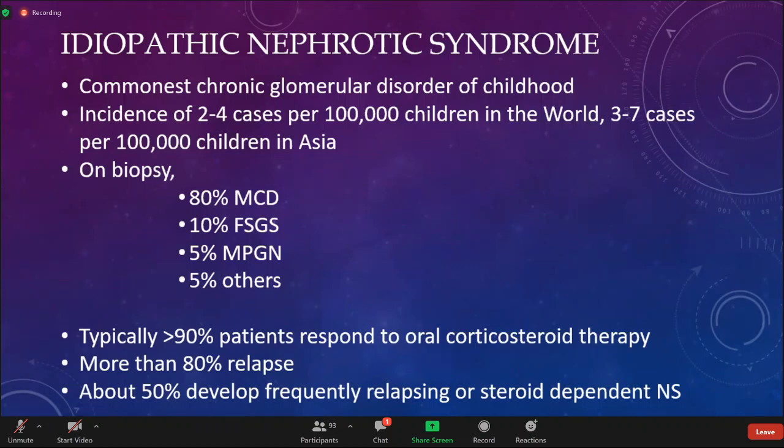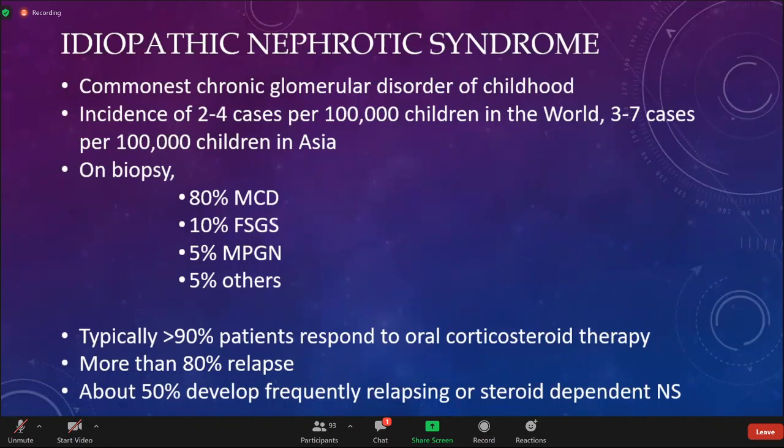Another 20% or so have non-minimal change. Non-minimal change can be subcategorized into focal segmental glomerulosclerosis and mesangial proliferative glomerulonephritis. The subcategories can be there under non-minimal change. This is the histopathological classification of nephrotic syndrome.